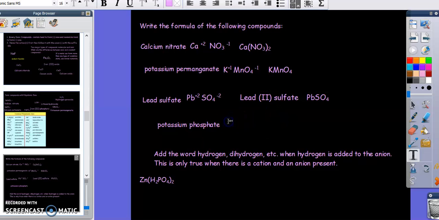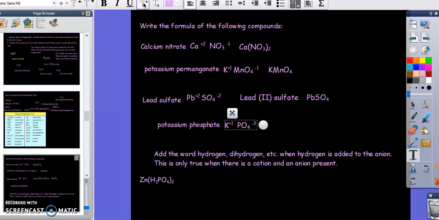And the last one that we need to look at is potassium phosphate. Potassium phosphate, of course, is K, and it has a +1. And then the phosphate group is PO4 -3.